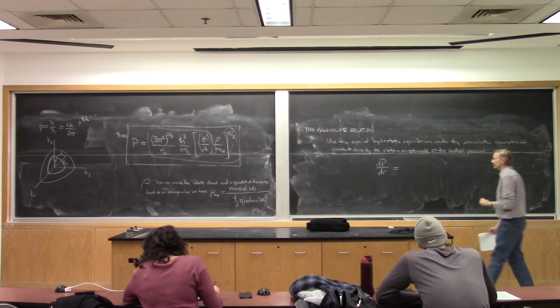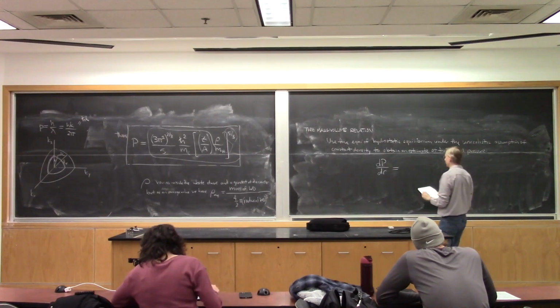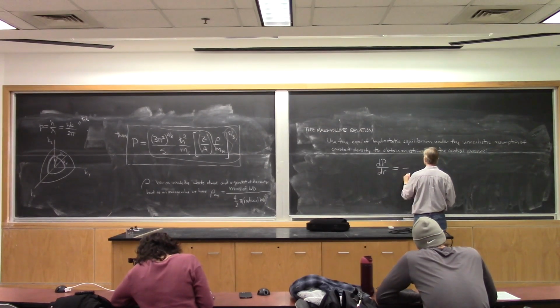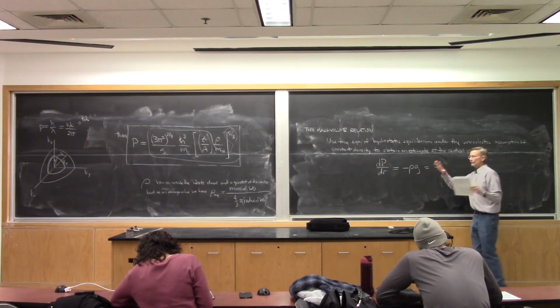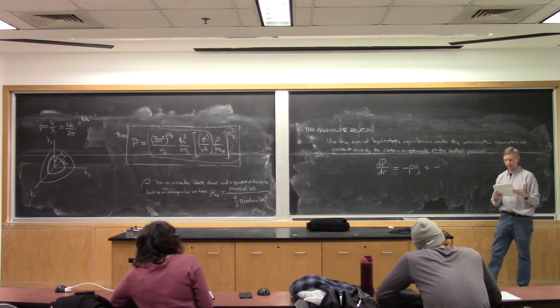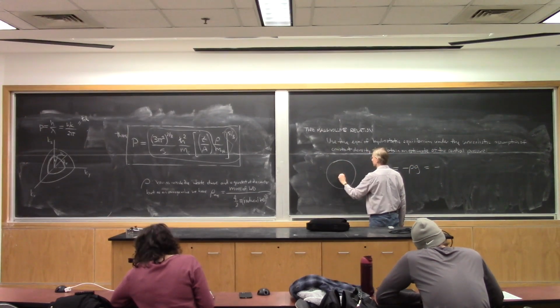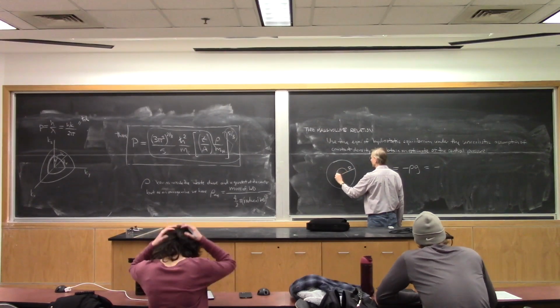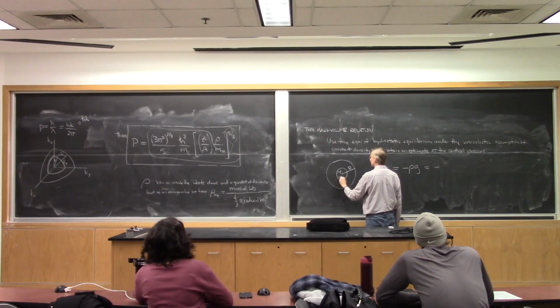Remember that the equation of hydrostatic equilibrium was that dP/dr is equal to minus rho times the acceleration due to gravity, which in turn is G M(r) over r squared. Here's the whole radius, capital R, of our white dwarf. Inside it, at some radius little r, M(r) is how much mass is inside that radius.